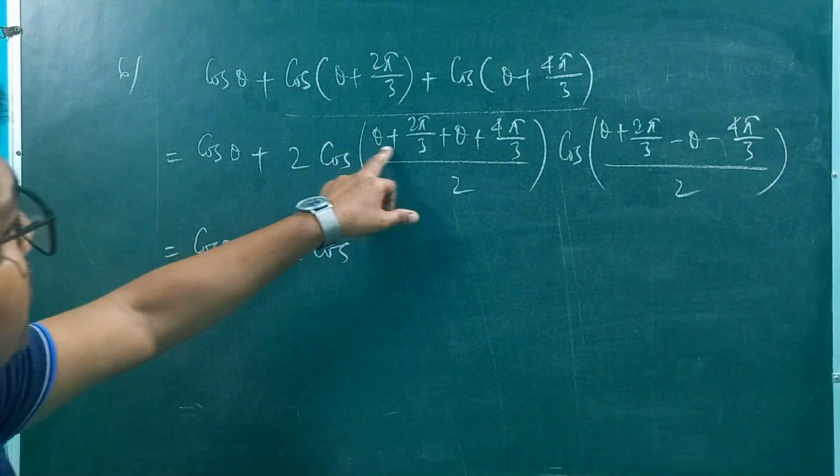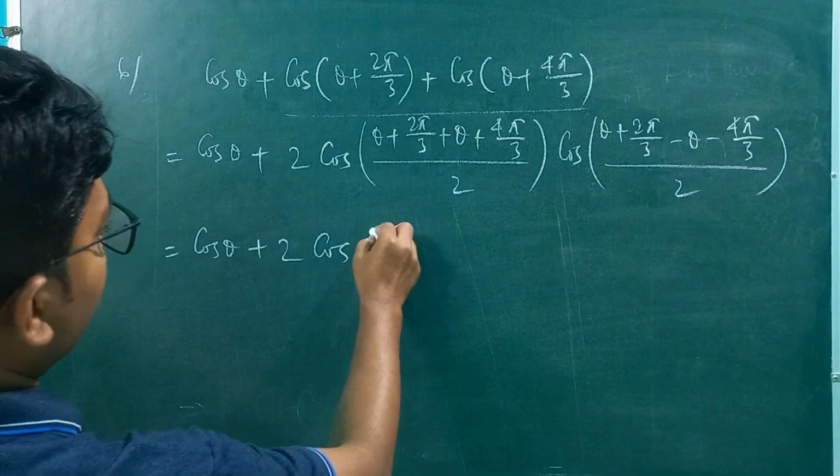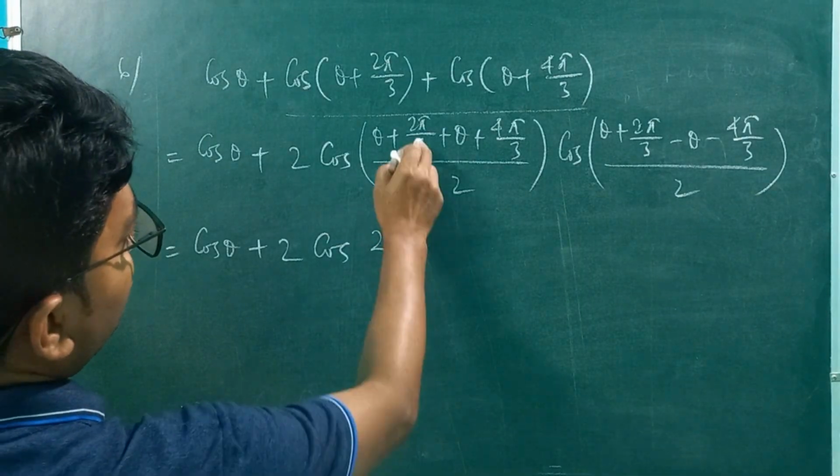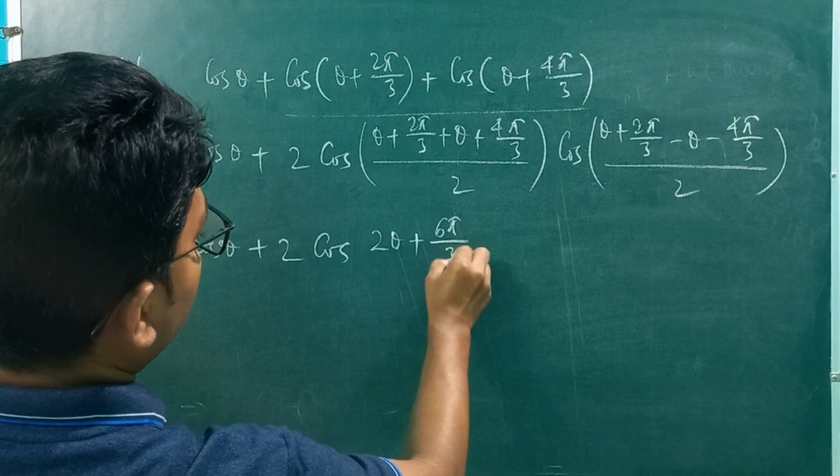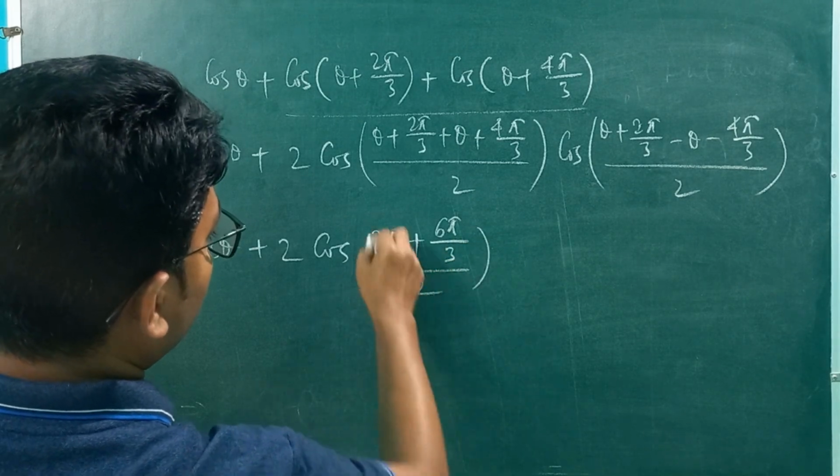So theta plus theta means 2 theta, and if you add 4 plus 2, that is 6 pi by 3, by 2.